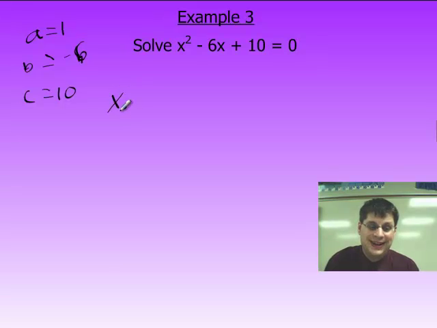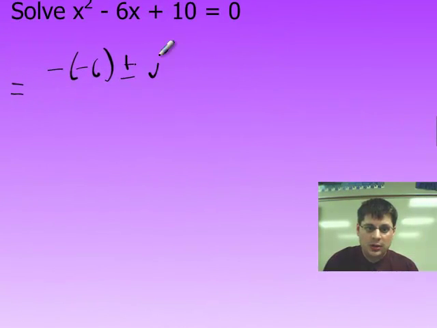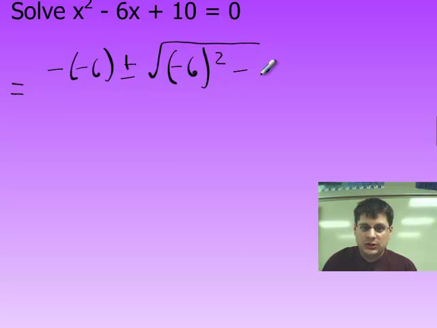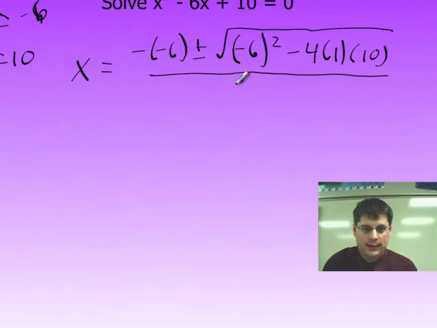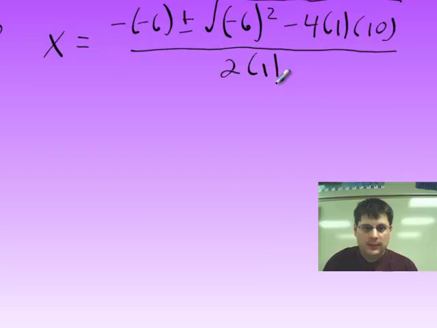So here we go. x is equal to -b plus or minus the square root of b squared minus 4ac, all over 2a.